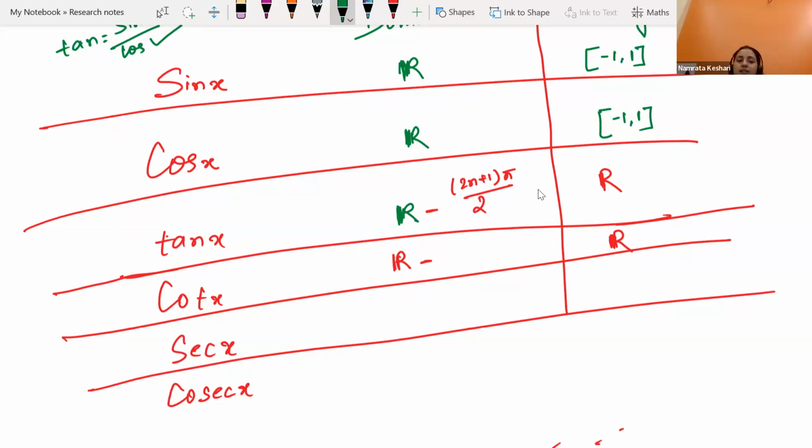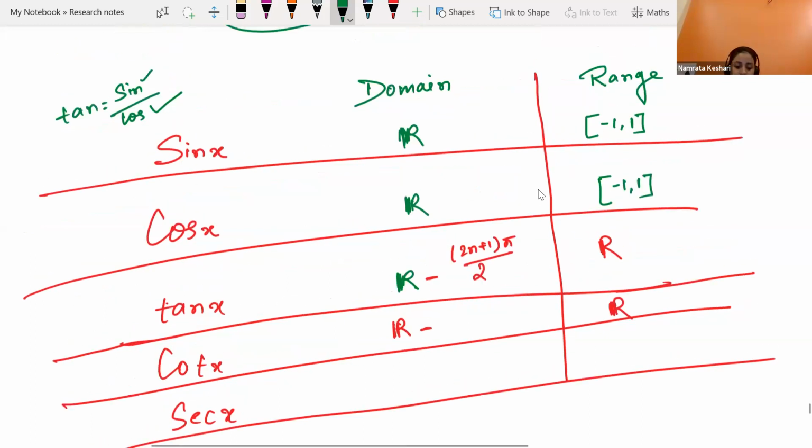Where exactly is sine 0? Sine is 0 at 0 degrees. 0, pi, 2 pi, 3 pi, 4 pi, 5 pi, integral multiples of pi.